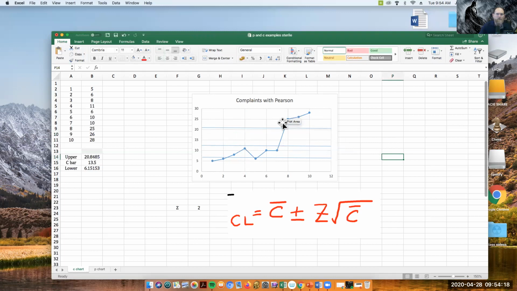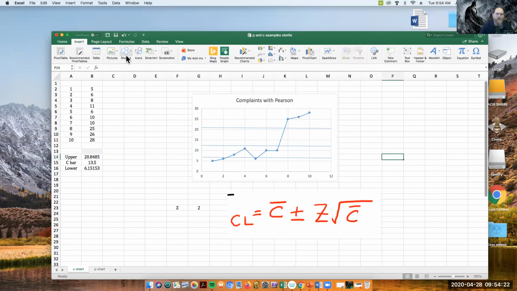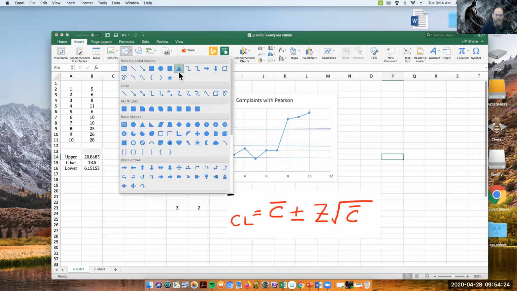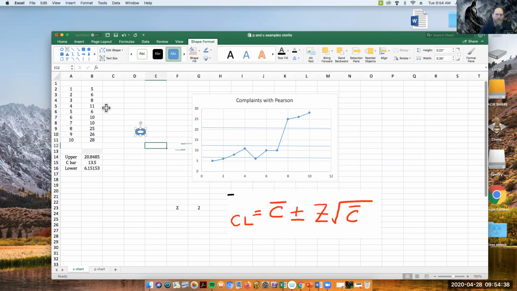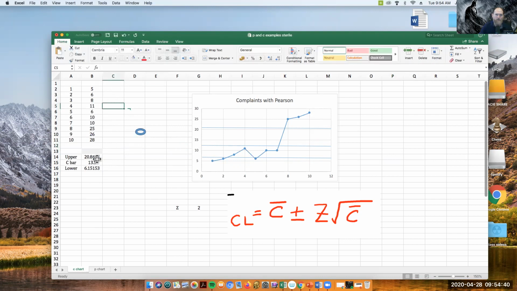And then I could approach the upper first, and it looks like I have some stuff going on that's out of control. But I always like to verify where I slap that line versus the actual data. So I'm just going to throw that down there real quick. And 20.84. So, yep, I have those 3 points there. I don't have any others above that 20.84.